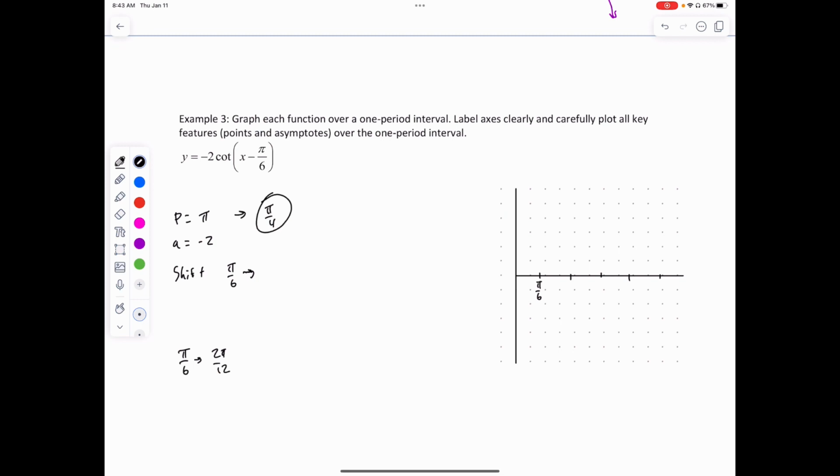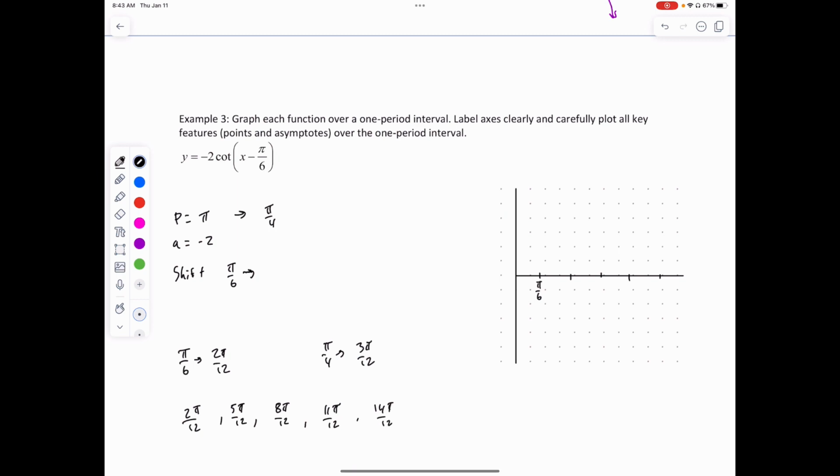And I'm going by 3 pi over 12 each time, because pi over 4 is the same thing as 3 pi over 12. So what are my units here? It's 2 pi over 12 is where I'm going to start, plus 3 pi over 12 is 5 pi over 12, plus 3 pi over 12 is 8 pi over 12, plus 3 is 11 pi over 12, plus 3 is 14 pi over 12.